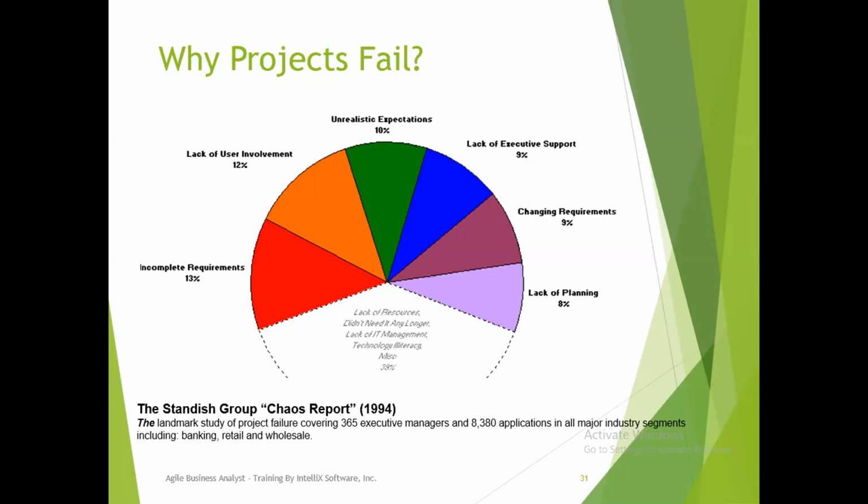But if you look at this wheel, right? There are a couple of places I want you to think about. Incomplete requirements led to 13% of the project failures. Changing requirements led to 9% of the project failures. What that indicates to me is I didn't know what I was building, or I didn't have a good understanding of what I needed to build.